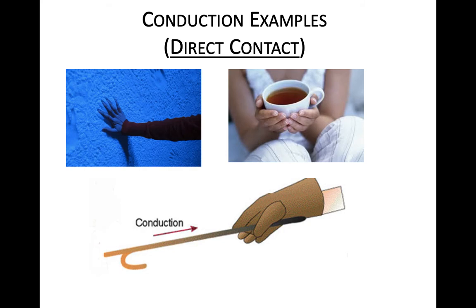The reason being, just like with the simulation you saw with the glass rod, as you're seeing these collisions between neighboring molecules, those molecules are going to transfer their thermal energy, and conduction will go up a metal rod to your bare hand. But we want to have protection between our hand, which can be easily burned, and a material that can conduct a lot of energy, like a metal rod.